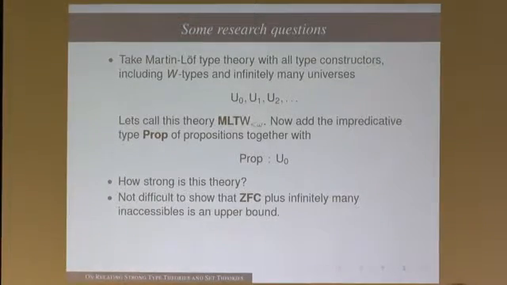Well, it's not difficult to show that ZFC, say if you have ZFC or even ZF with global choice, and then you add infinitely many inaccessibles, that is enough to model such a type theory. And, well, how about just the Martin-Löf type theory, the full-fledged version? How strong is that? I think there's no real place in the literature where you find the answer.